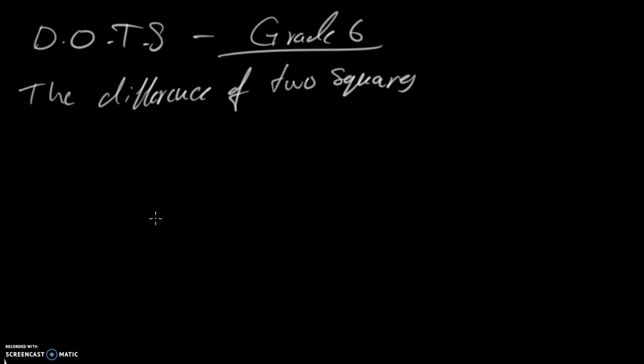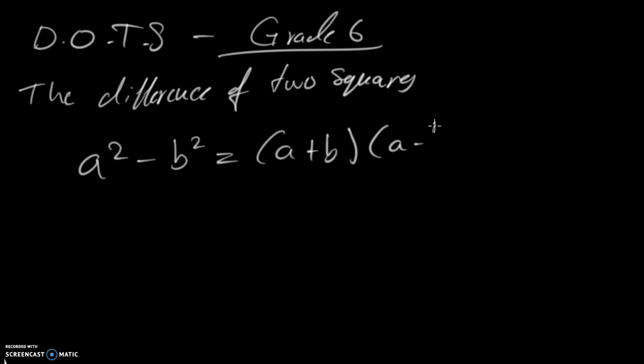So this is the formula that we use for DOTS. A squared minus b squared equals a plus b and a minus b. For example, let's say we have 9p squared minus 16q squared.